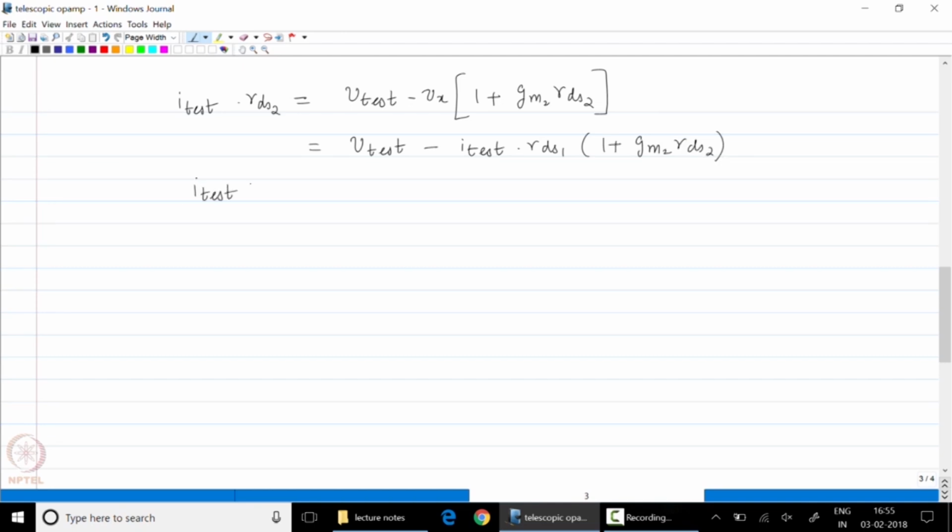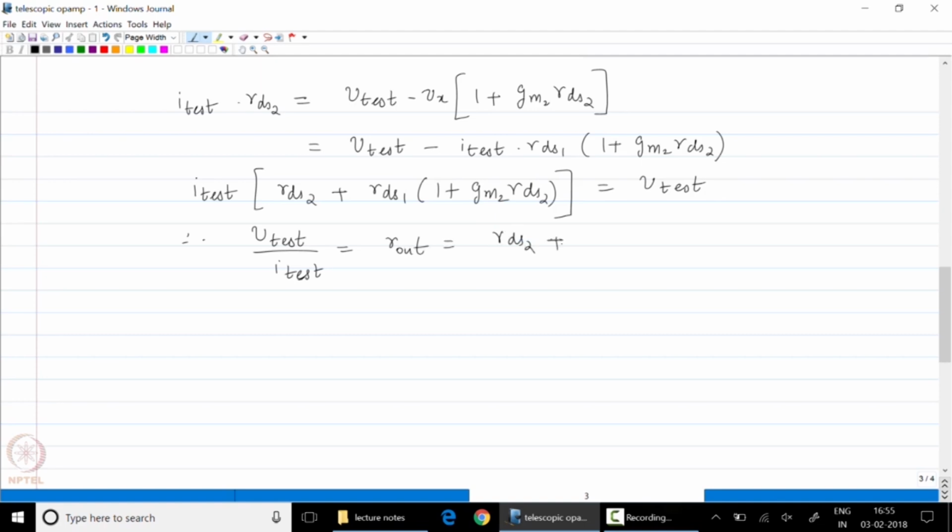Therefore, I test into RDS2 plus RDS1 into 1 plus GM2 RDS2 is equal to V test. Therefore, V test by I test is our Rout. This is nothing but RDS2 plus RDS1 into 1 plus GM2 RDS2.